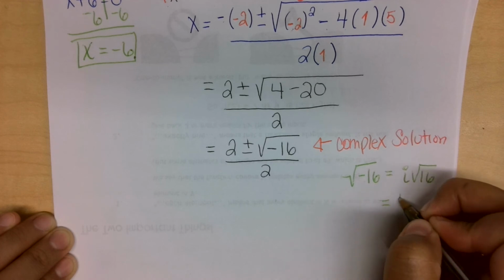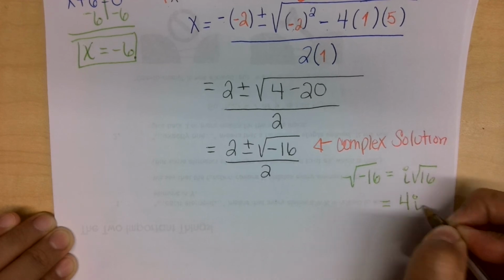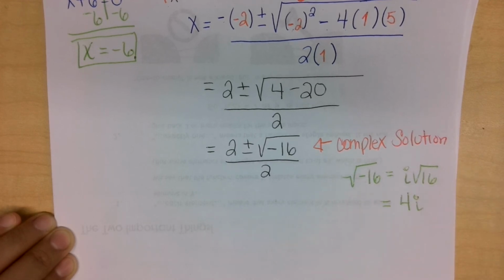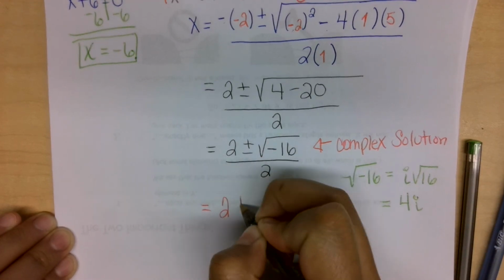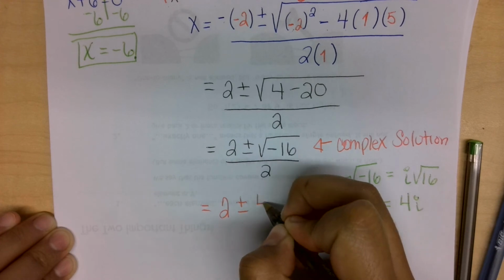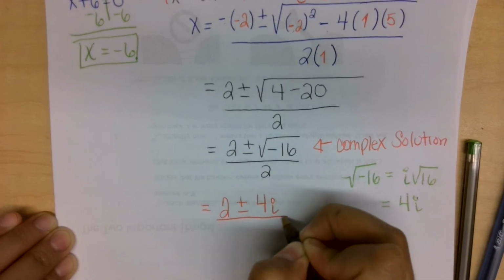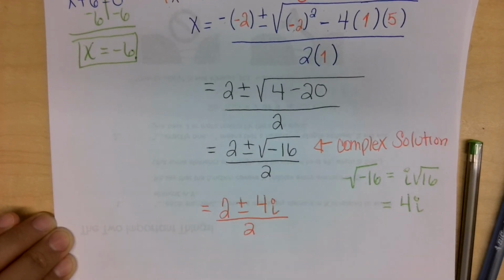And the square root of 16 is 4, so I'm left with 4i, 4 imaginary. So I'm going to substitute that into the equation. 2 plus or minus 4i divided by 2.